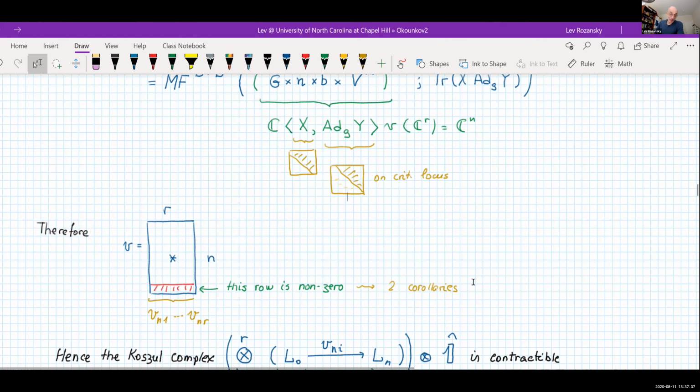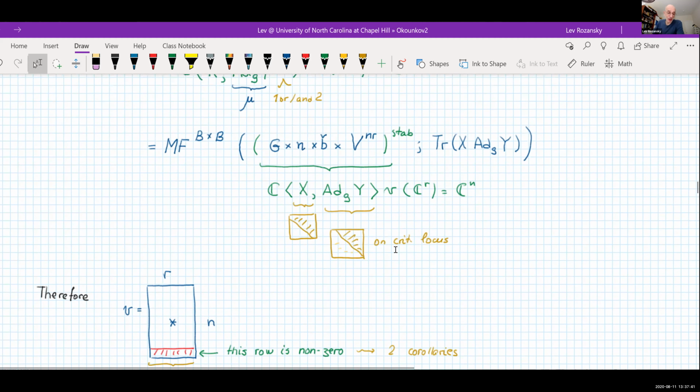So therefore, this vector V, I call it vector, it's a map from CR to CN. So let me remind you that this guy is a map from CR to CN, that's who it is. Must have the lower row to be non-zero. So at least one entry in the red row must be non-zero.